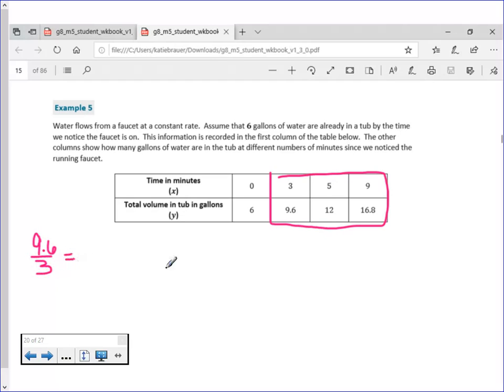We all have calculators. It shouldn't take you very long to type that in. 9.6 divided by 3. Close. Yeah, 3.2. Okay, let's try this one. 12 divided by 5. Sorry, I was looking at the wrong thing.